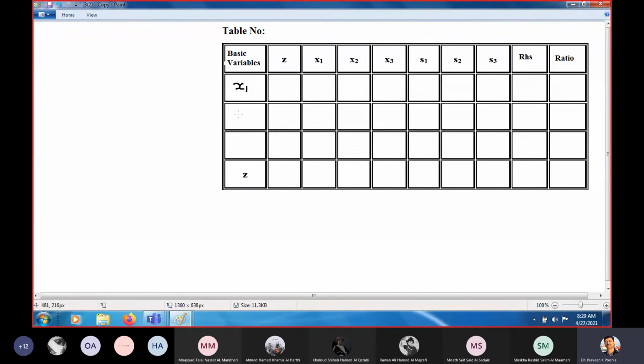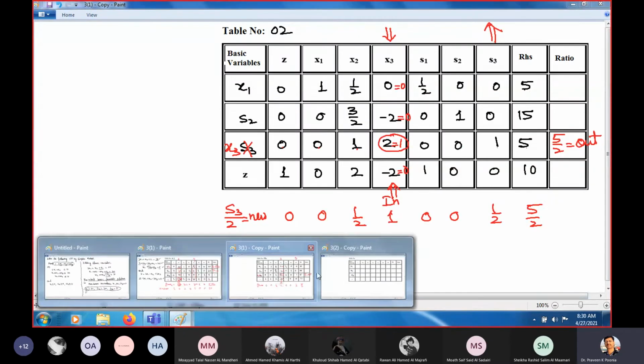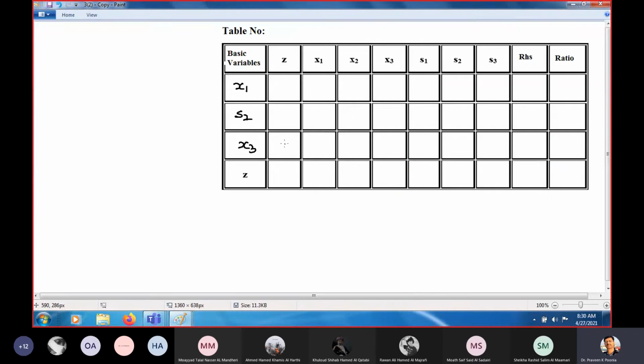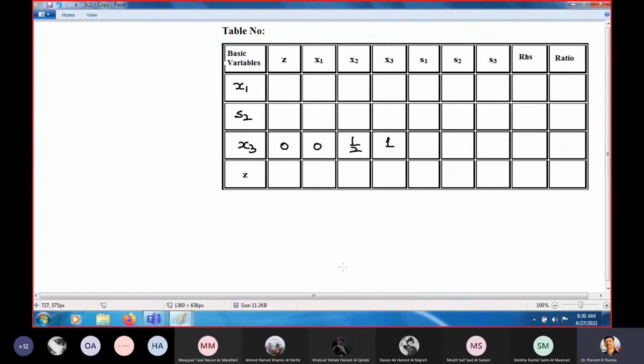X1, S2, X3, and X3 will be done by this one: 0, 0, 1 by 2, 1. And 0, 0, 1 by 2, 5 by 2.